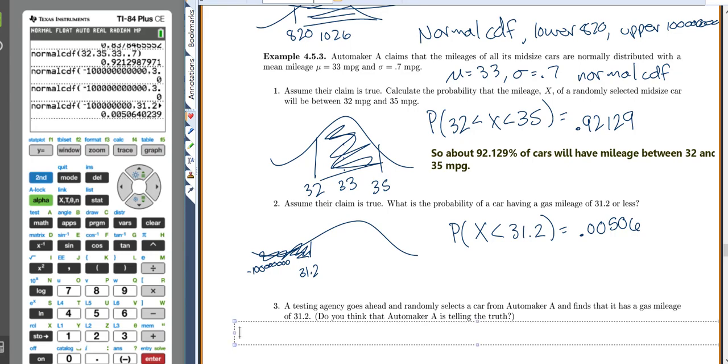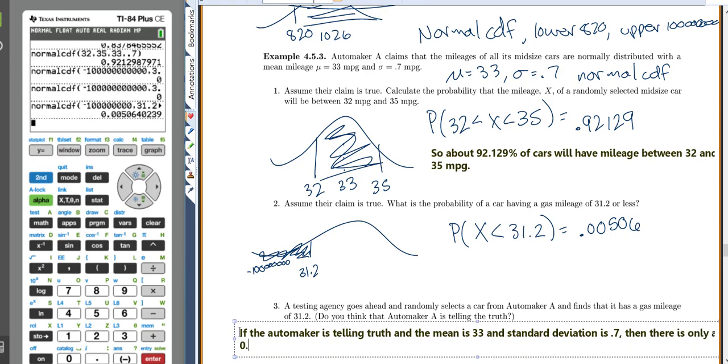So let's see. If the automaker is telling the truth, and that big part here is the if, if they're telling the truth, and the mean is 33 and standard deviation is 0.7, then there is only a 0.5% chance of getting a car with mileage 31.2 or less.